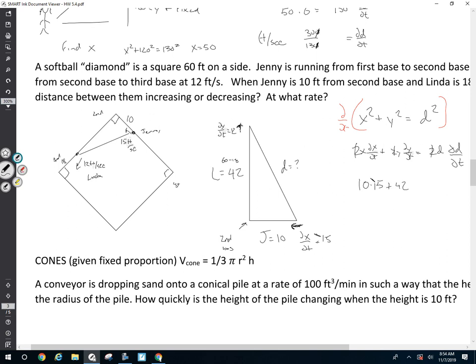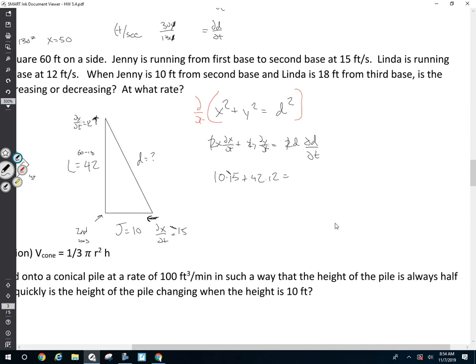Linda's 42 away, moving away at 12, so the distance is getting greater. I have to find D when X is 10 and Y is 42.